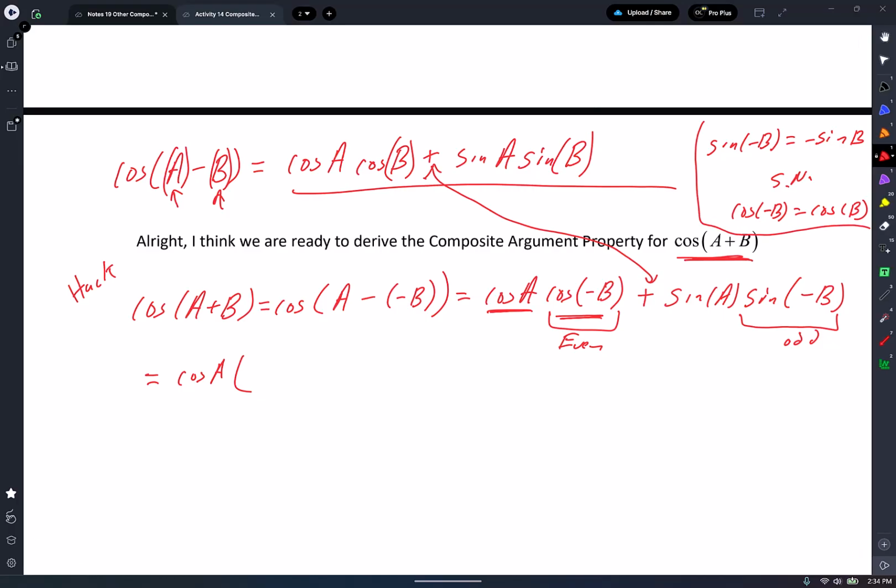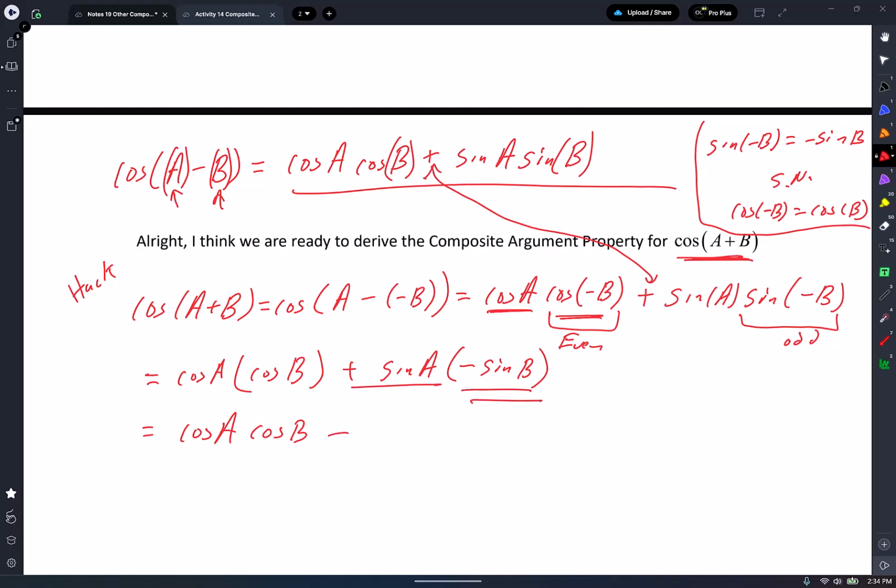Does that make sense? So cosine A cosine B plus sine A, parenthesis, sine of negative B, is the same thing as negative sine B because it's an odd function. Are we still okay? This doesn't change, so this is still just cosine A cosine B. What's positive times a negative?